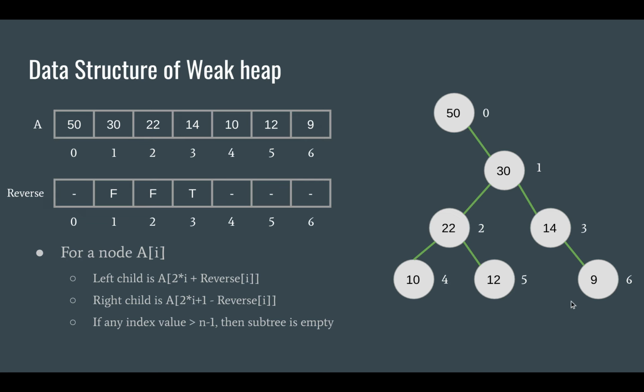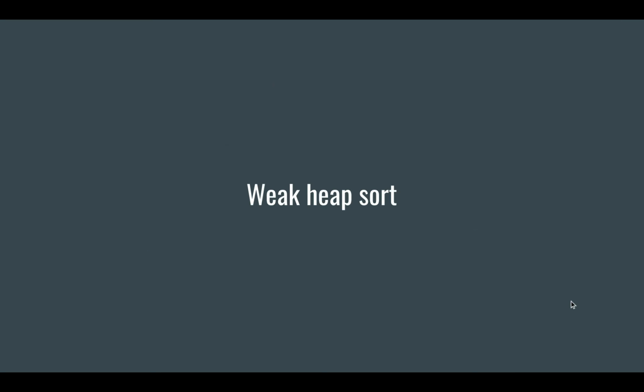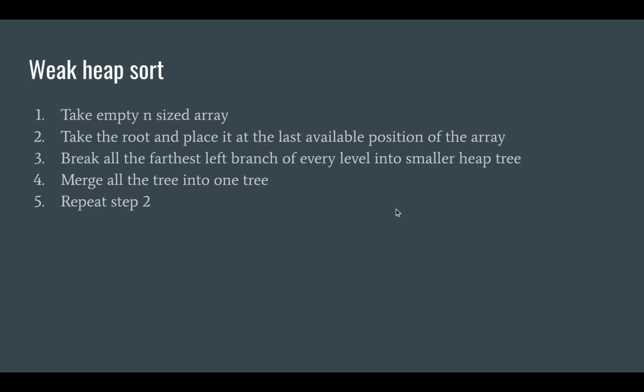So next we will see heap sort, weak heap sort. For weak heap sort, the steps are: first we take an empty n-sized array, where n is the number of nodes in the weak heap.